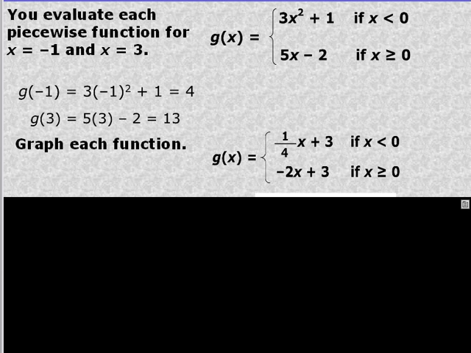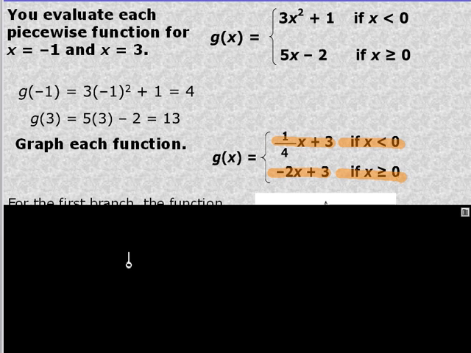So here's our function, g of x equals 1/4 x plus 3 if x is less than 0, else it's equal to negative 2x plus 3 if x is greater than or equal to 0. So first of all, we see that basically we're going to cut our graph, our xy axes, in half.